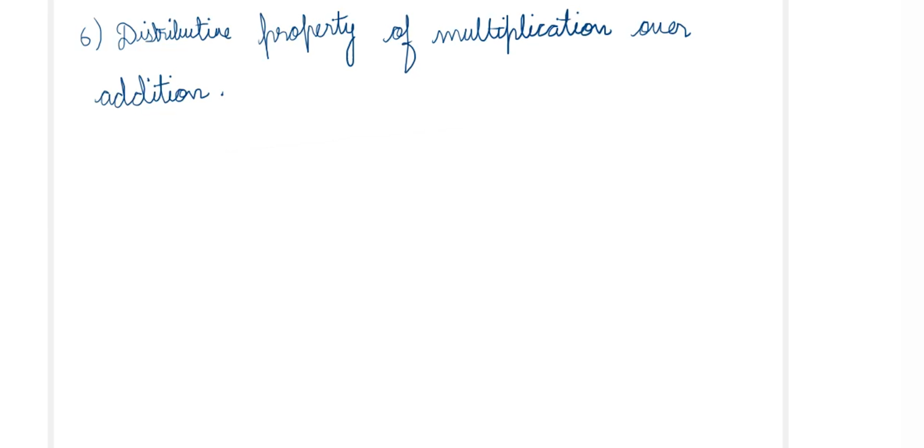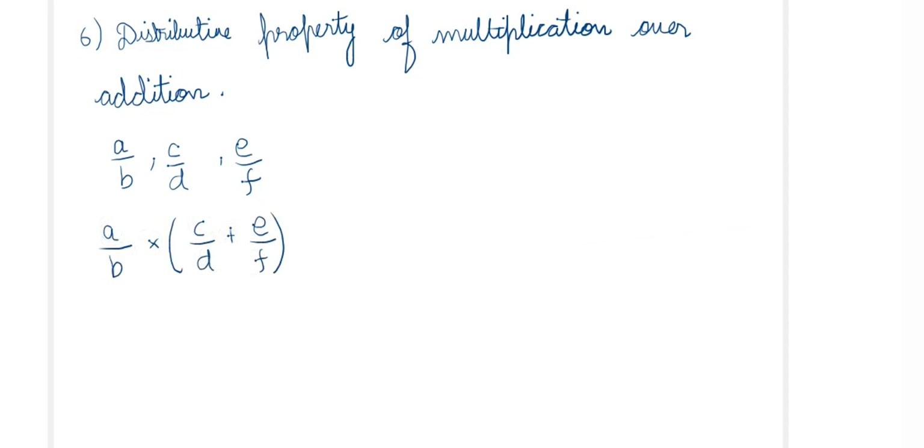So in this case, if we are going to consider three rational numbers, a by b, c by d and e by f, then a by b into (c by d plus e by f) is equal to a by b into c by d plus a by b into e by f. Okay, so let's check it out with an example.